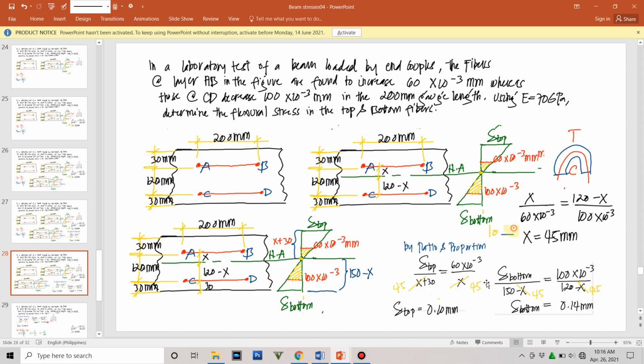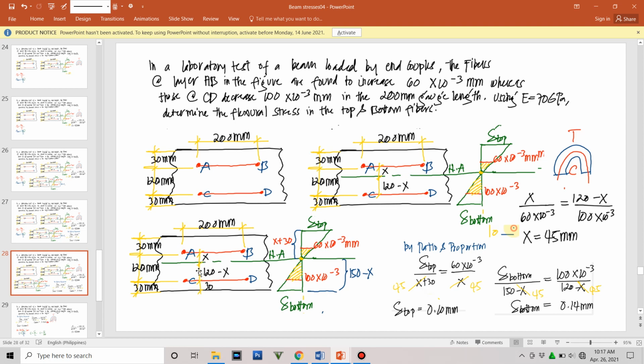Likewise, we can use the ratio and proportion for bottom. Okay, so delta bottom is to the overall height, that is 150 minus x, is equal to the horizontal 100 times 10 raised to negative 3 of this portion is to 120 minus x.